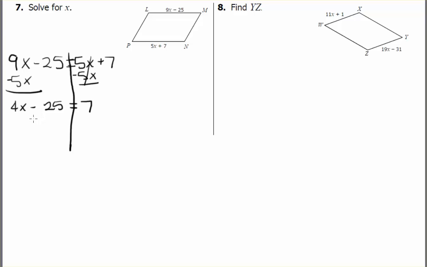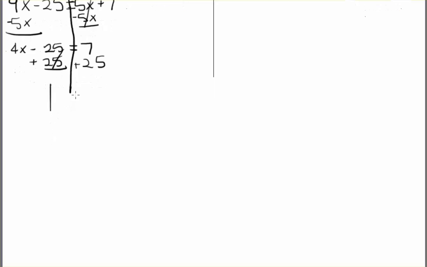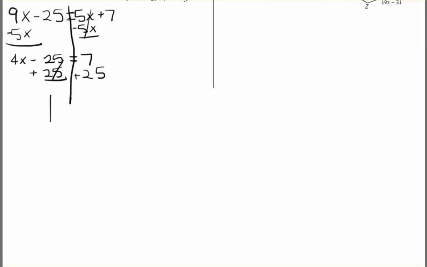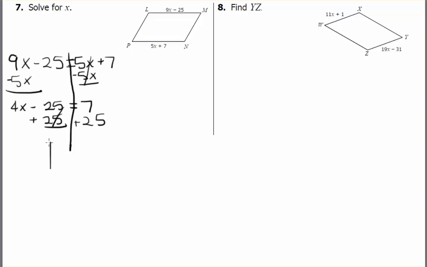And then you want to combine your constants. So I'm going to add 25 so that I get 4x equals 32.